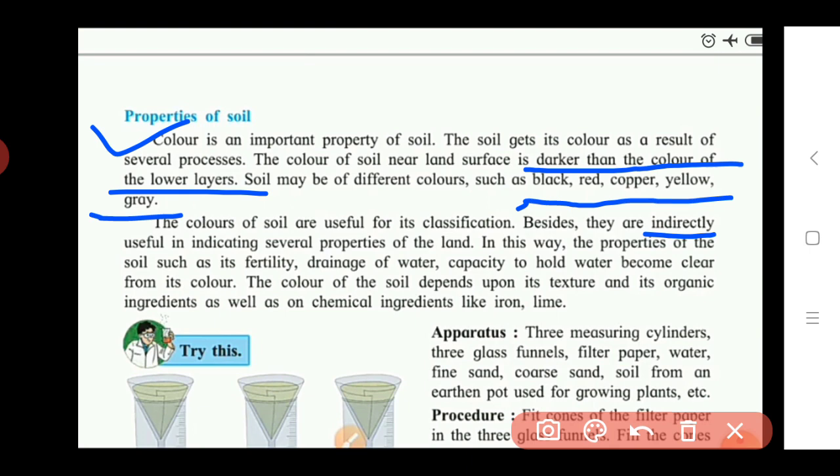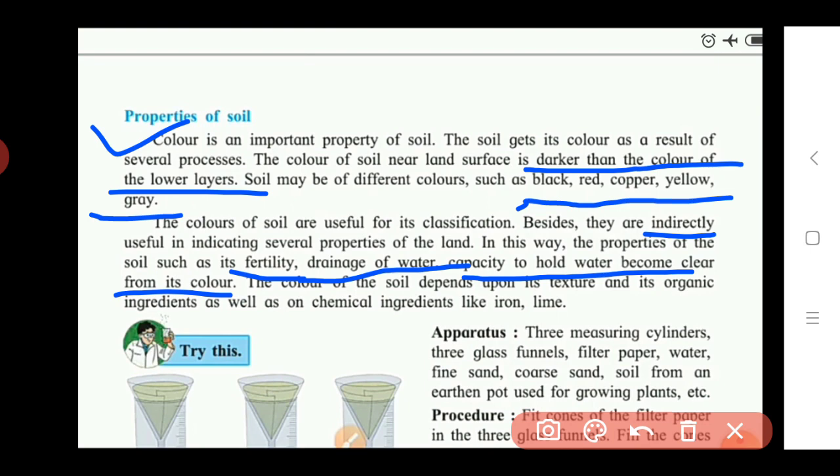So in this way we study the properties of the soil: fertility, drainage of water, and capacity to hold water, from its color. Depending upon color we can find out some properties.